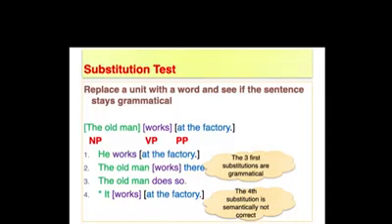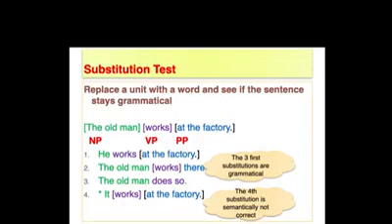Now, how about the fourth substitution test? The fourth example. We say, it works at the factory. Now here we have provided another pronoun. We have replaced the old man with another pronoun, which is it. Now, what do you think about this sentence? This substitution is semantically not correct, which means we cannot say it works, because normally we use it for objects, not for human beings who have the capacity to work.